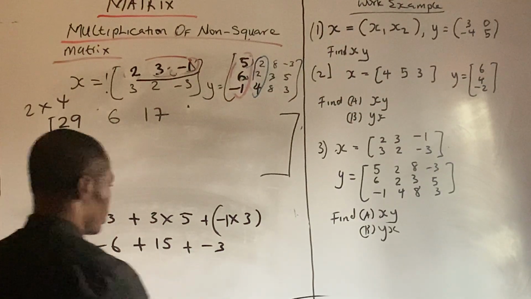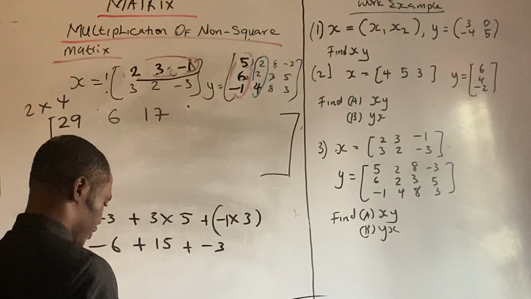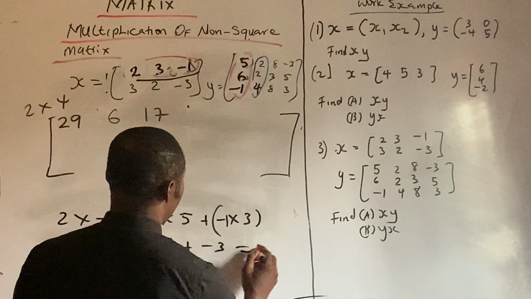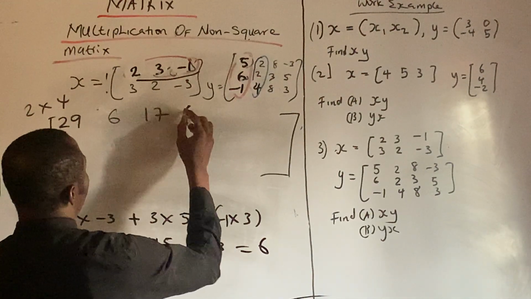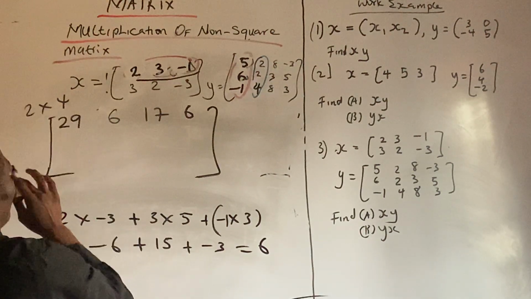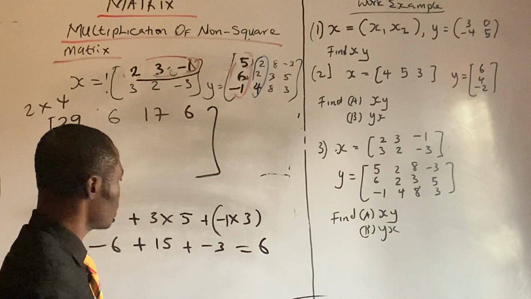So let's add them up together. We have minus 6 plus 15 plus minus 3. So we have this to be 6. So over here, I have 6. Let me reduce my column because we are doing 2 by 4. 1, 2, 3, 4. I hope you get what we are doing. So that's how to solve this problem.